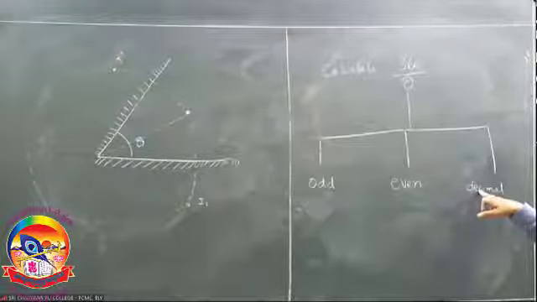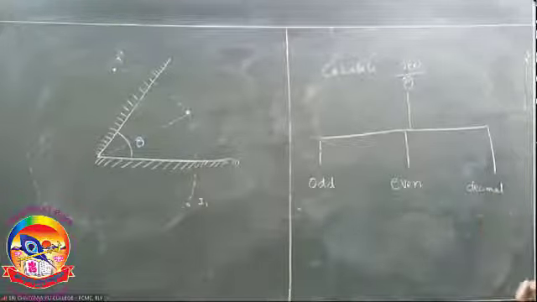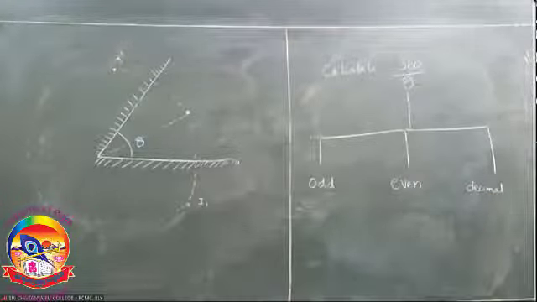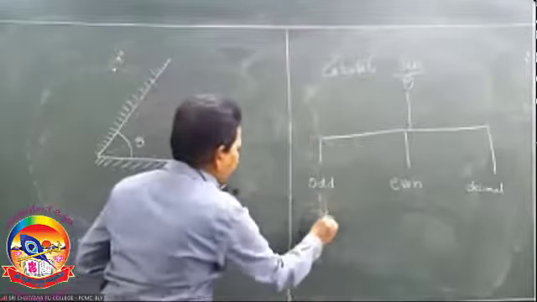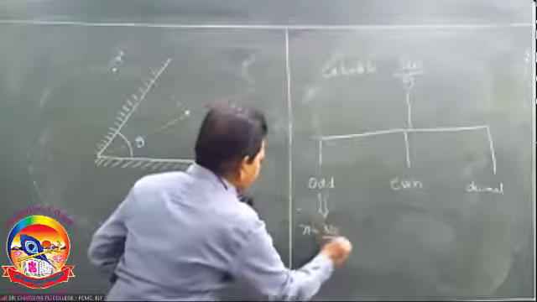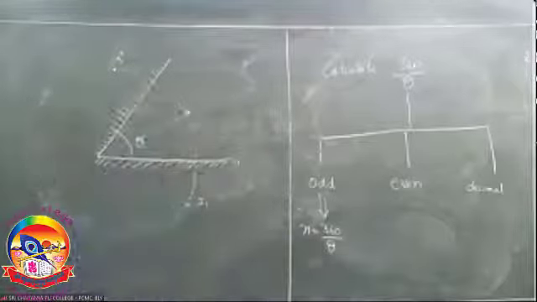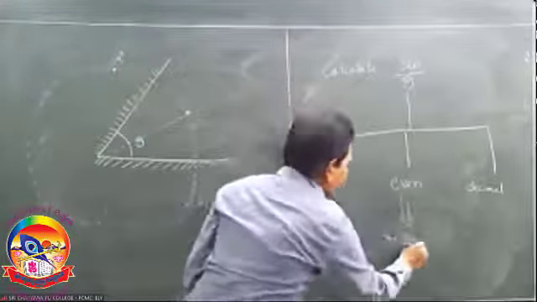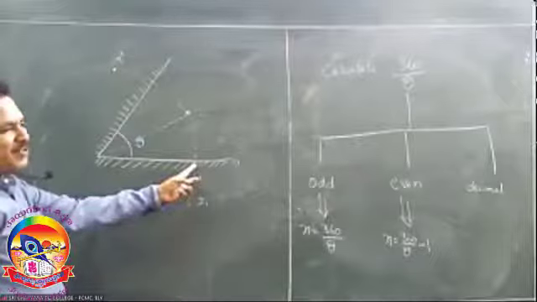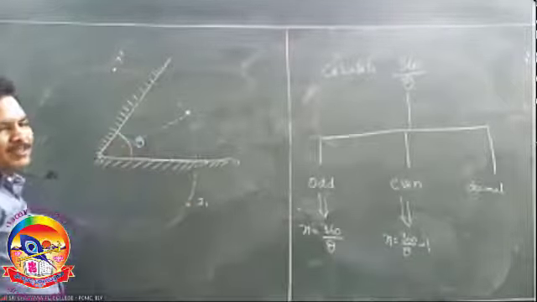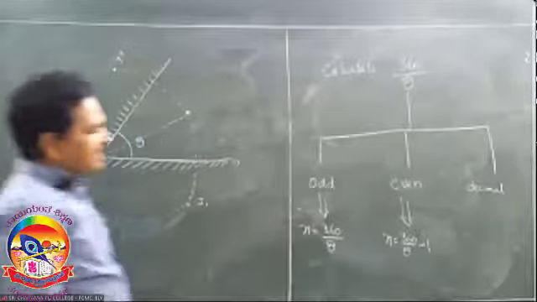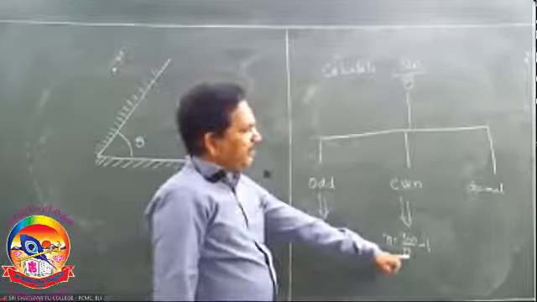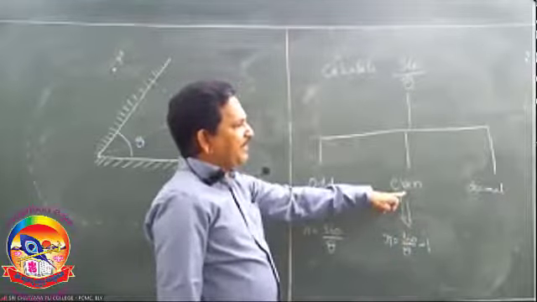If this value is even, then the number of images is equal to 360 by theta minus 1, because some images will coincide. After one rotation, the image will coincide. So we should not take 2, we should take only 1. So we have to subtract 1 when the obtained value is even.